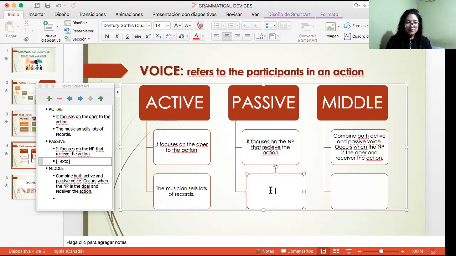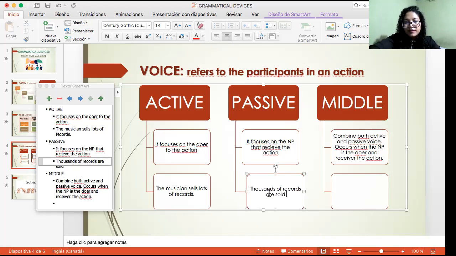Changing the same example, we can say thousands of records are sold, the participle form of the verb, by the musician.